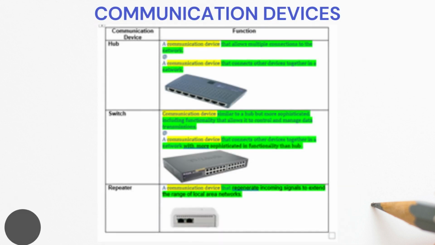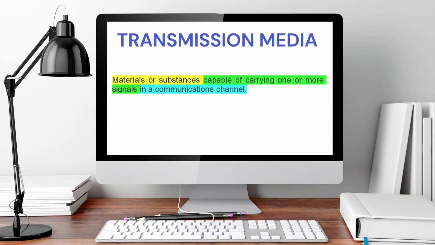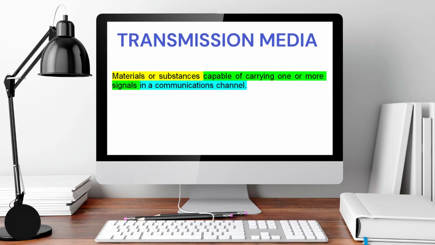Then we move on to the hub, the switch, and the repeater. For all the rest of the communication devices, you can go through the PowerPoint slides which I have provided. Right now we move on to the transmission media.